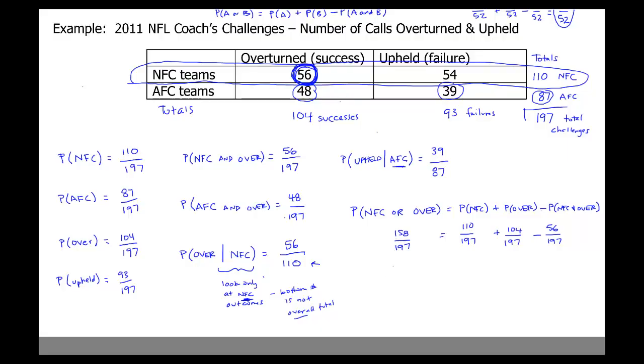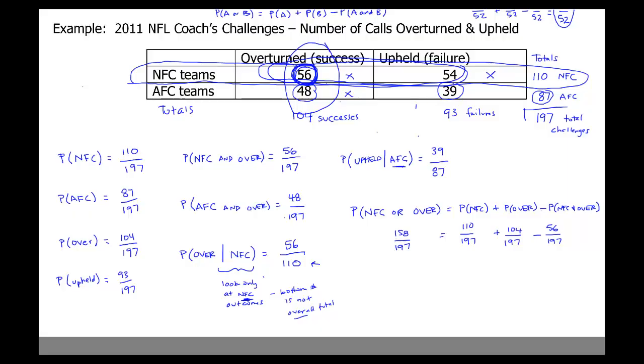Okay. Now, we talked about the complementary rule in the last video. This would be a nice place to use it because the probability of NFC or being overturned covers everything in this column, the overturned, and everything in this row, the NFC. Okay. So these three boxes are being included in that calculation.